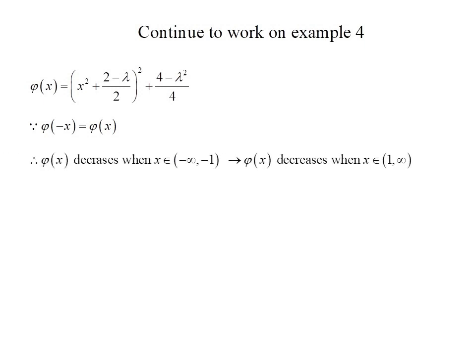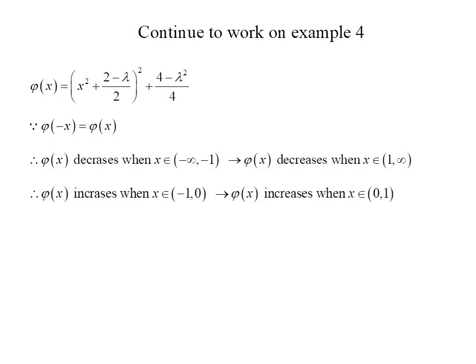Here we continue to work on question 2 of example 4. After φ(x) being written in its turning point form, we find that φ(x) is an even function, because φ(-x) equals φ(x). So, φ(x) is symmetric to the y-axis, which means that φ(x) decreases when x is less than negative 1 is equivalent to φ(x) decreases when x is greater than 1.